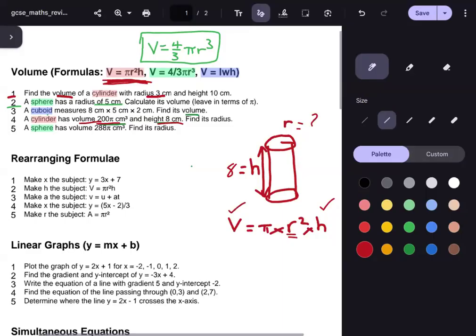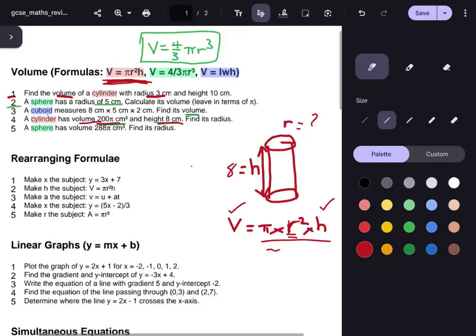Remember when we did subject of the formula, it's basically just rearranging the equation. Do you want me to help you with this one? Yeah. Okay, let's make r the subject of the formula. When you want to make something the subject and it's being multiplied by something else, you simply divide by whatever is next to it, to get rid of it.